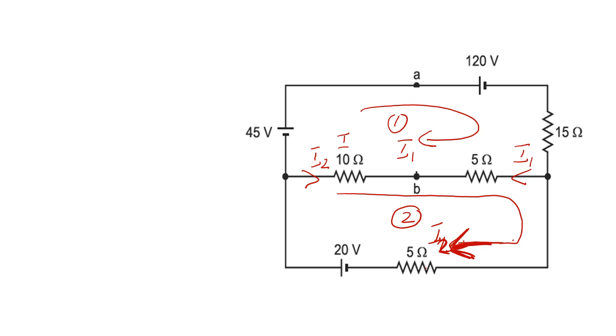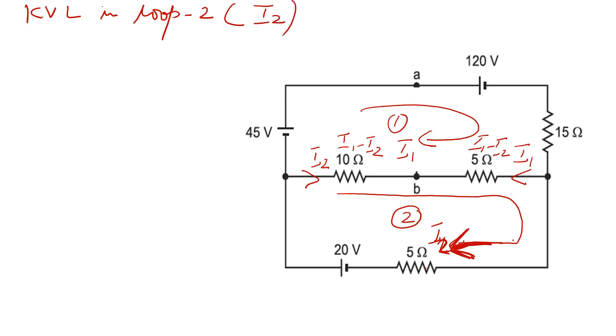But if I apply KVL in loop number 2, the I2 current is flowing, so that is the main current.